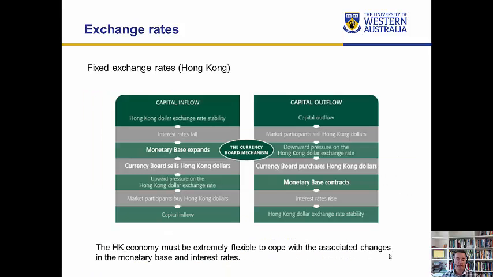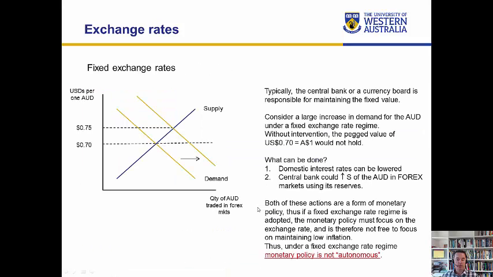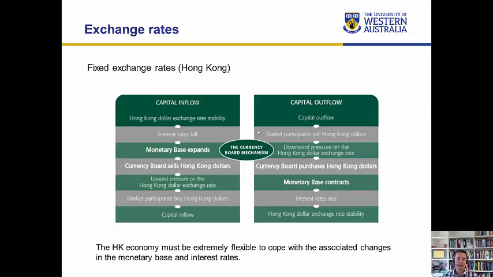So what I've got here is a bit of a summary in the case of Hong Kong. The example that we were looking at here was a fixed exchange rate system and money flowing into the country as an example of an increase in demand. So now let's consider the Hong Kong case. Over on the left here we've got capital inflow.